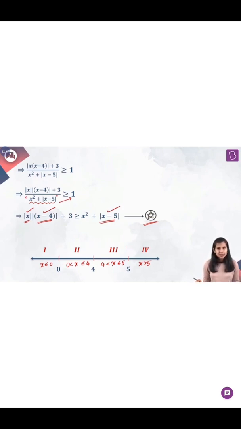I have to find out firstly those values of x which are in the first region and satisfy my given inequality. Cool. So right now I am in my first region, all real numbers less than or equal to 0. In the first region, if x is less than or equal to 0, mod x will become minus x.